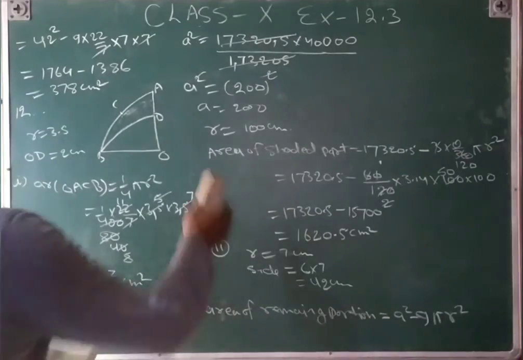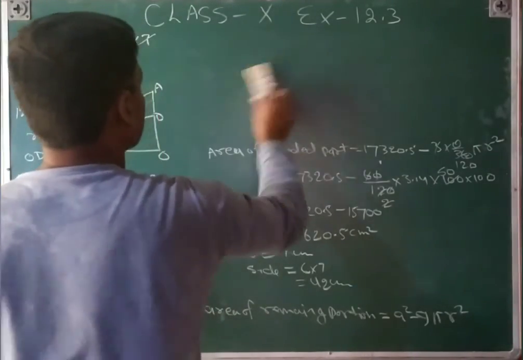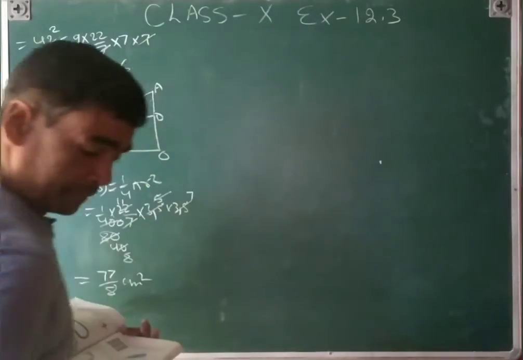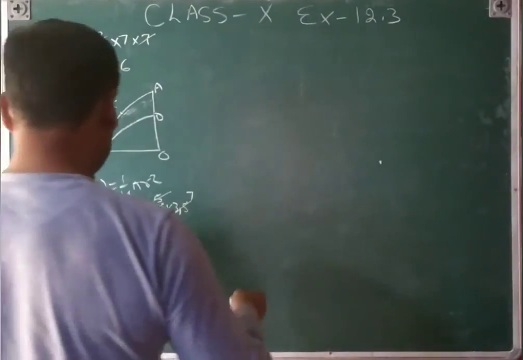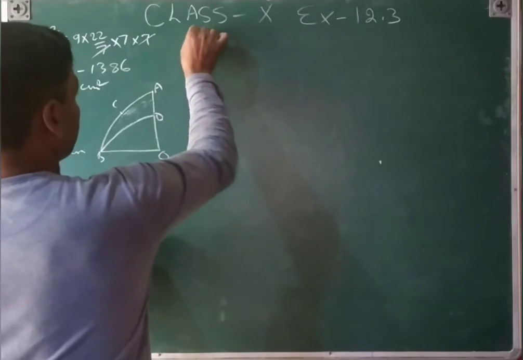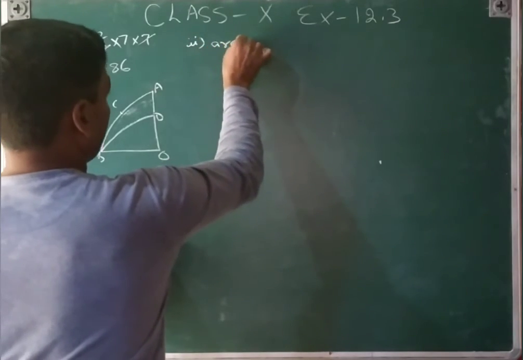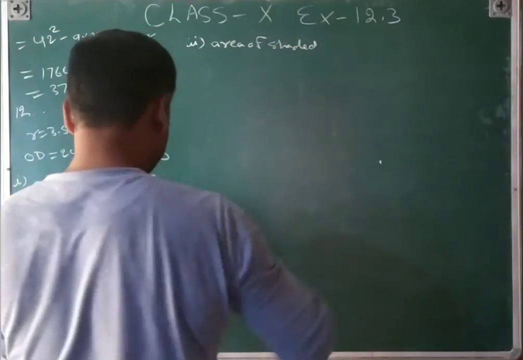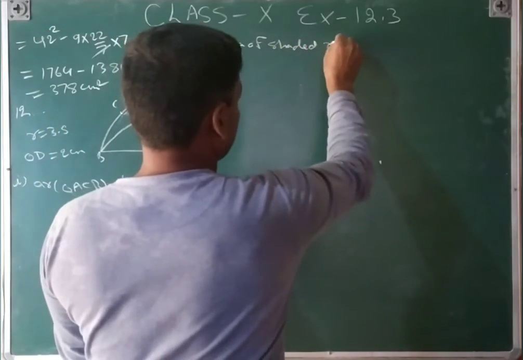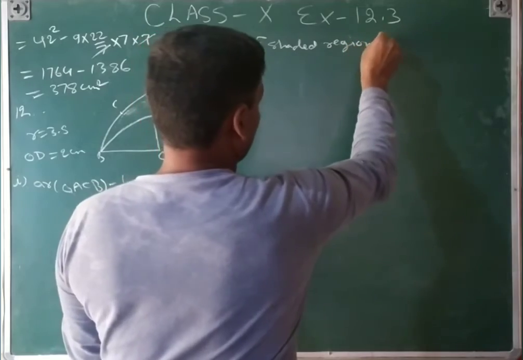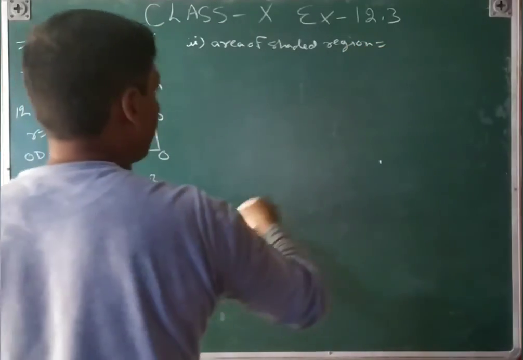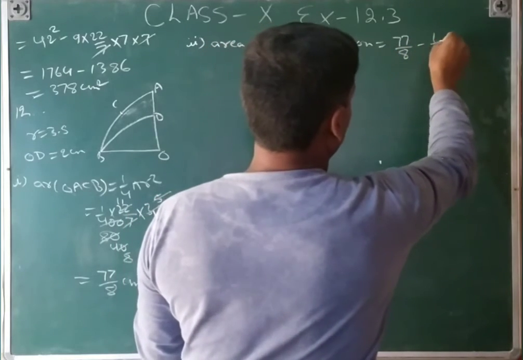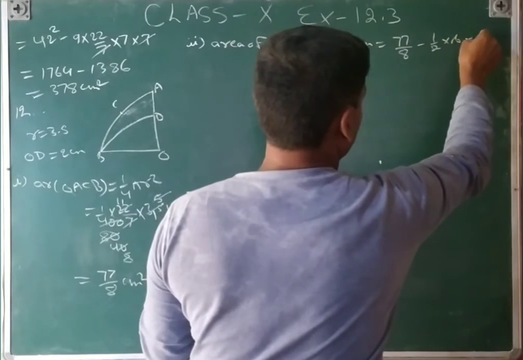And then second part, area of shaded region is equal to that area we have found here, 77 upon 8, minus area of triangle, 1 upon 2 into base into height.